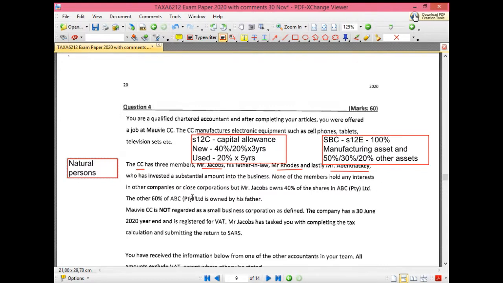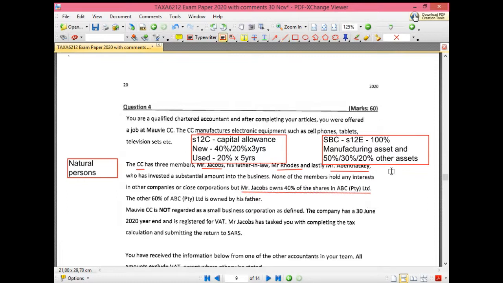None of the members hold any interest in other companies or closed corporations, but Mr. Jacobs owns 40% of the shares in ABC Pty Limited. The other 60% is owned by his father. So it's only Mr. Jacobs that has an interest in another company.